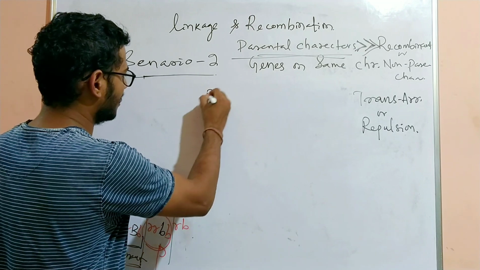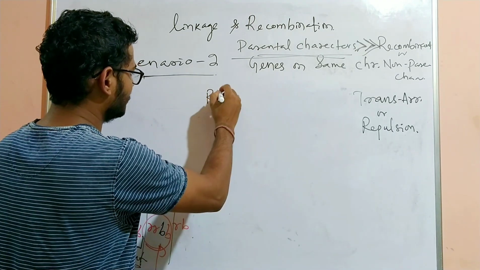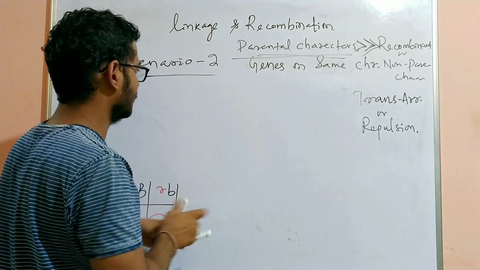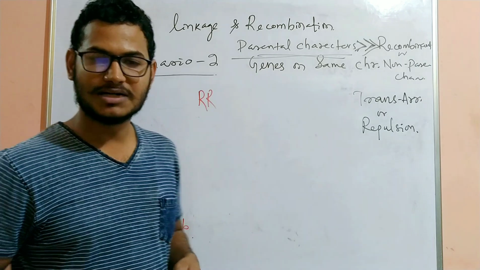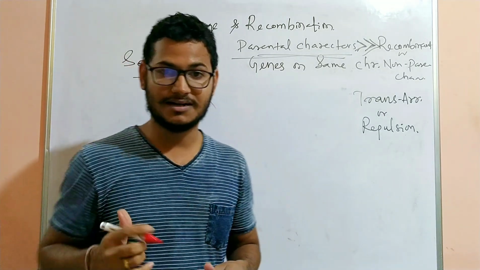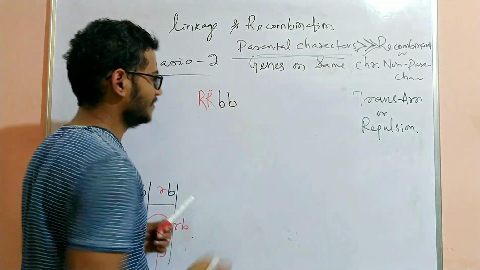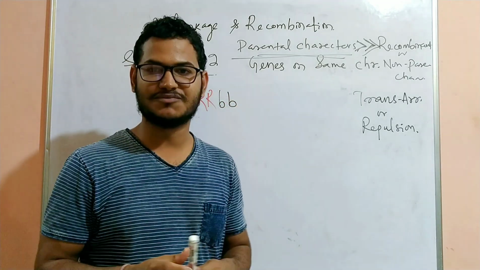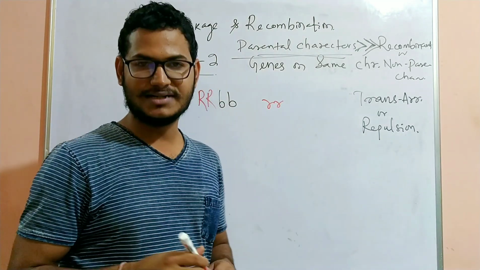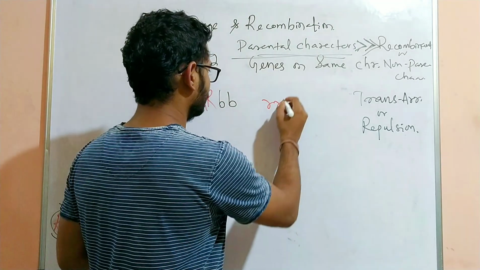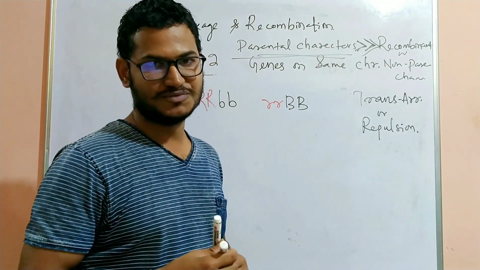In trans arrangement we have capital R. I am writing again with red marker. Capital R for the color, and small b for the smaller size of the flower. Likewise, smaller r for white color of the flower, and capital B for big size of the flower.